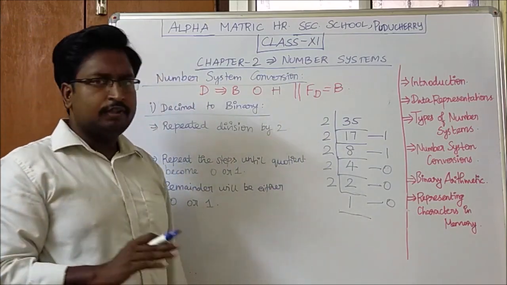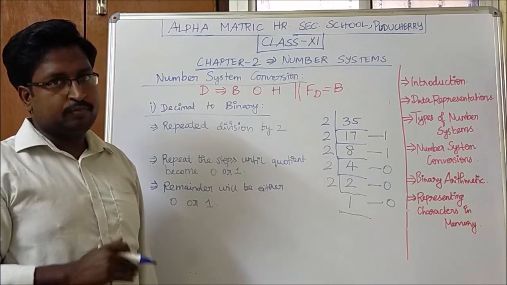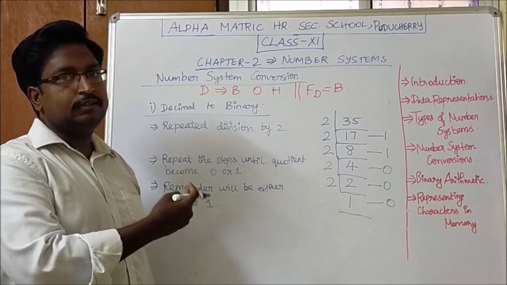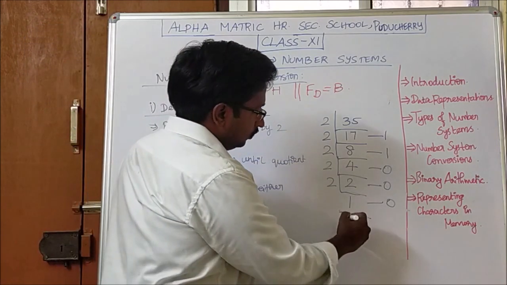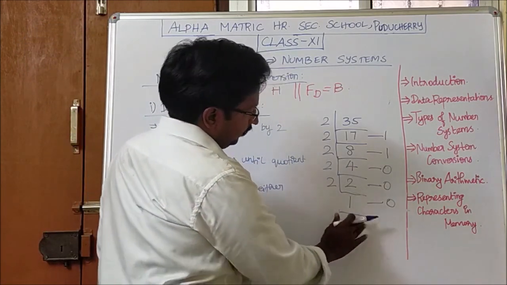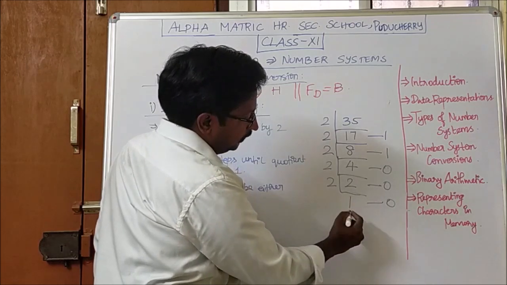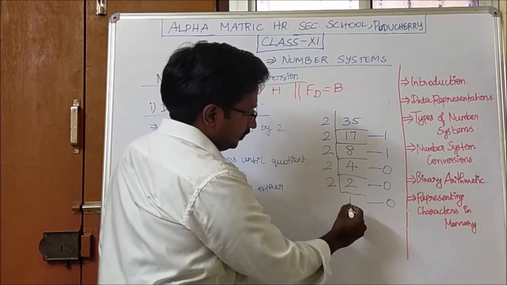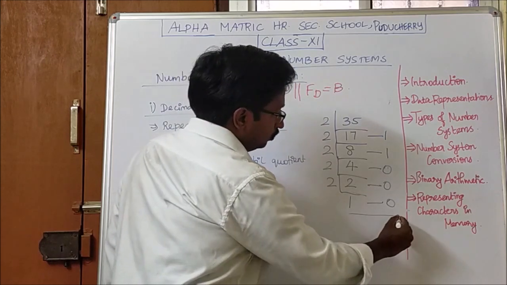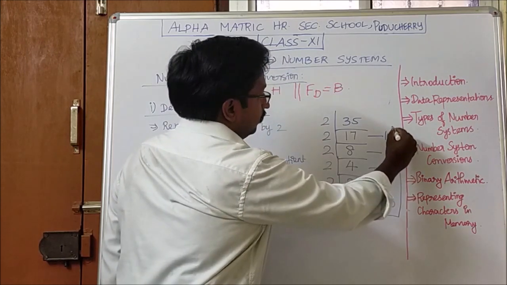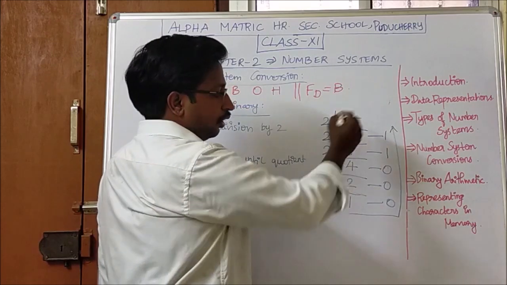So now we have finished the steps. We have to take and write the answer. How we have to write the answer means, starting from the last one. This is starting from the quotient part, from 1. We have to write from bottom to top.